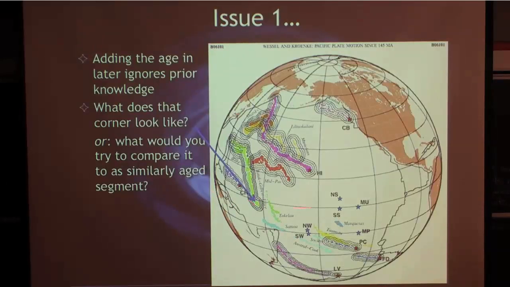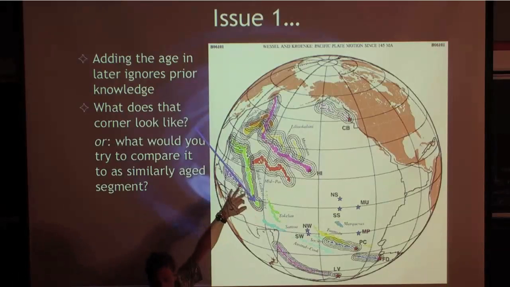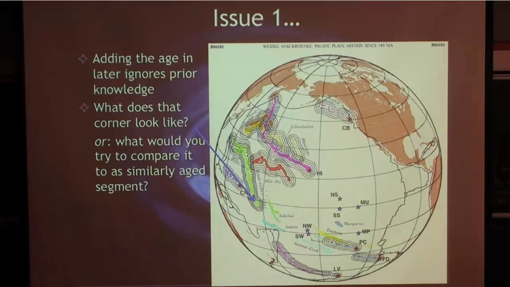Is there anything in any other place in the Pacific that this reminds you of? Anybody? What's that? Yeah, okay. Does this look like a bend to anybody? Sort of the beginning of a bend, right? What Paul does is he assumes this is the same as the Hawaii Emperor bend, and then uses this in his technique, in his geometry.